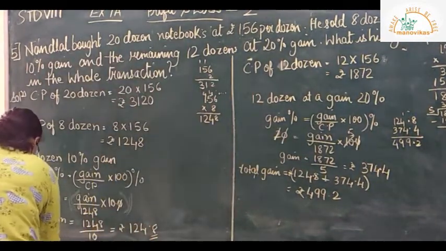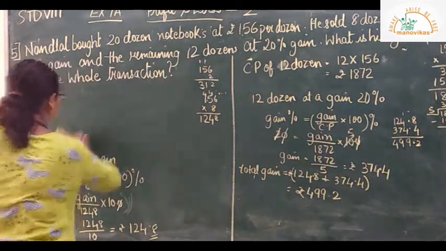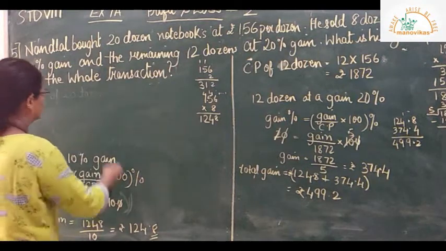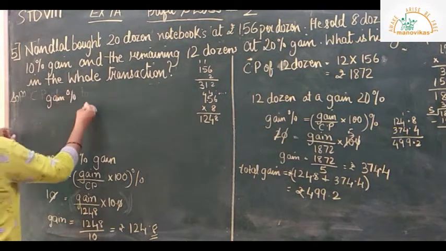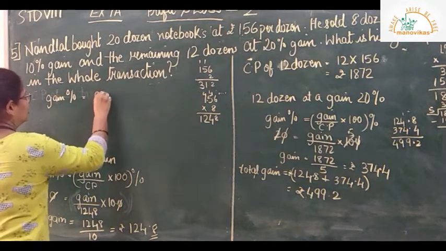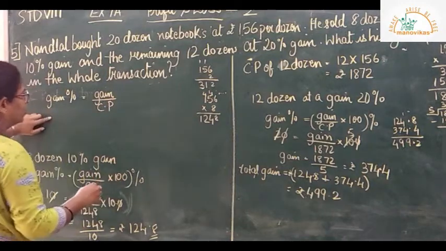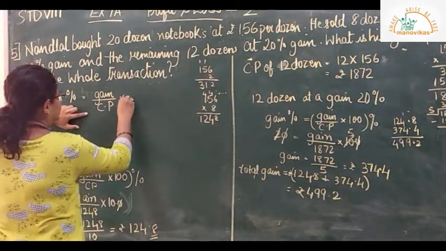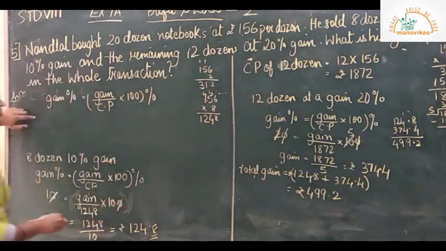So we find the gain percent over here. Gain percent is equal to gain upon cost price into 100%. Okay.